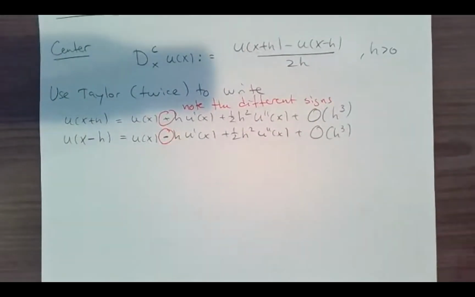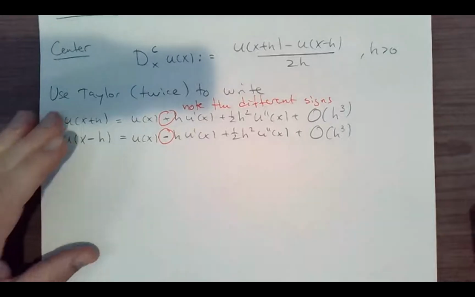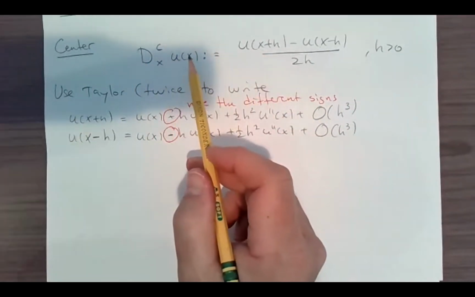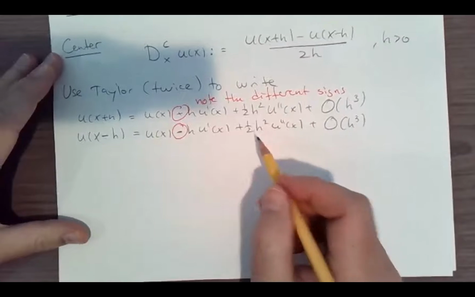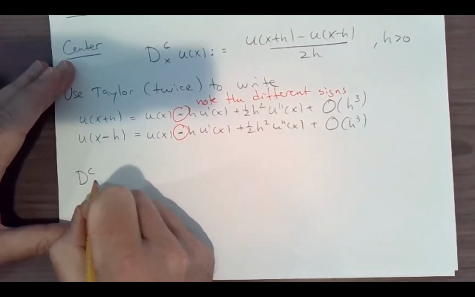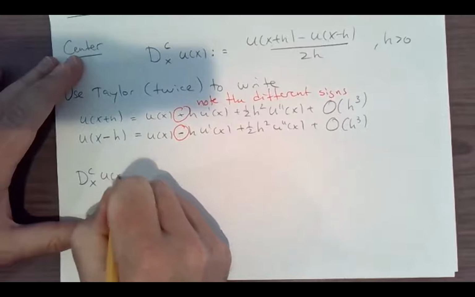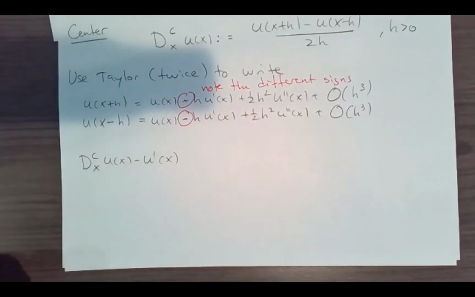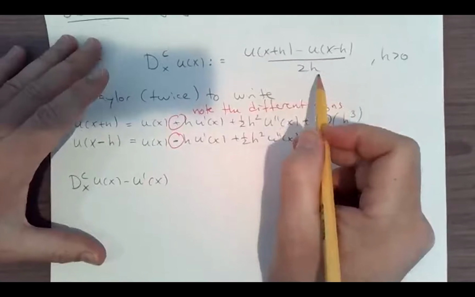So now we can compare the center approximation with the actual derivative. We look at D_c^x u of x minus u prime of x and see how big that gets. Okay, so it's like before.